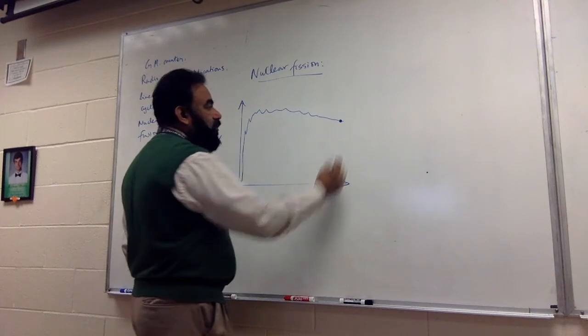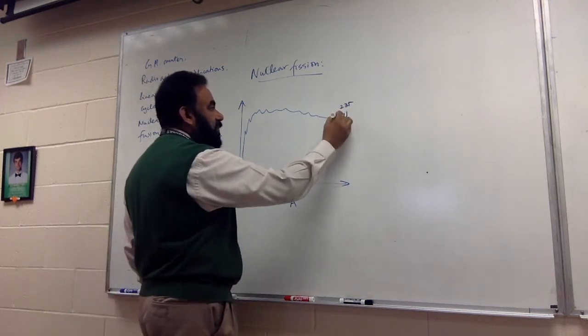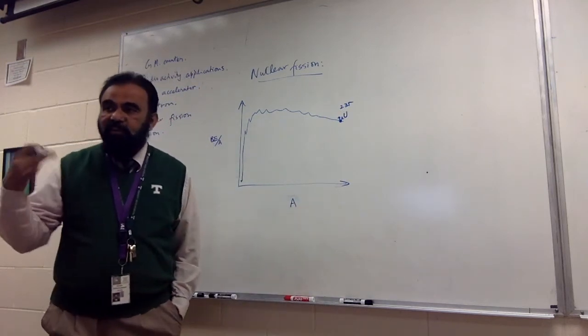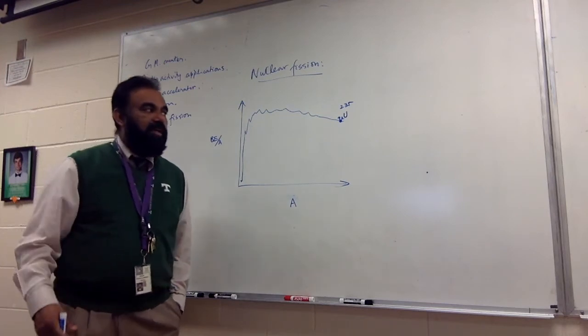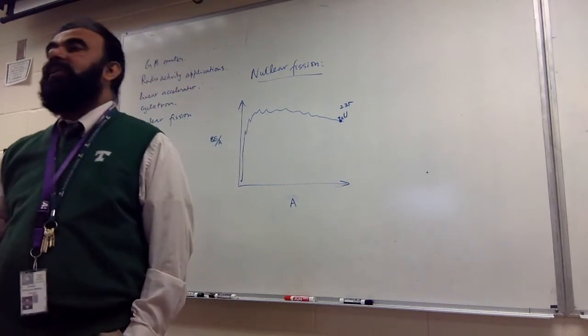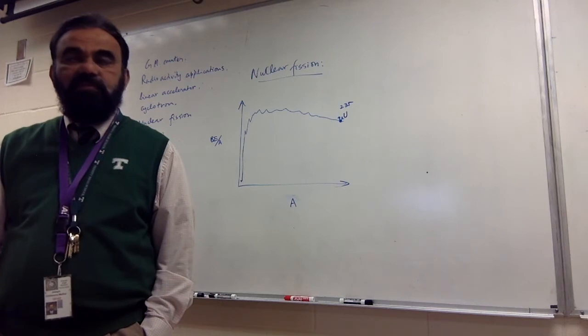So let's say, for example, you take uranium-235, which is right there. And if you break it into two, by the way, uranium-235 is more fissionable than uranium-238. That's one other issue that we have in fission.